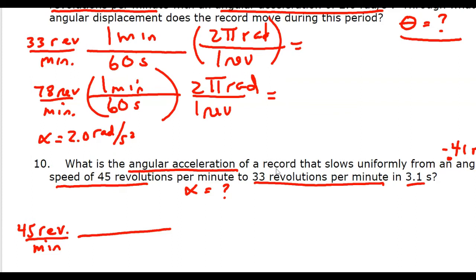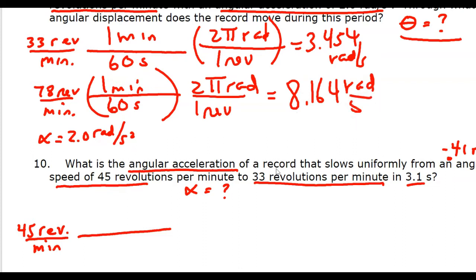Am I right? That's 3.454 radians per second. That's my omega. And then we'll do it again, 78 times 6.28, which is 2 pi, divided by 60. Tell me if I'm wrong, 8.164 radians per second.